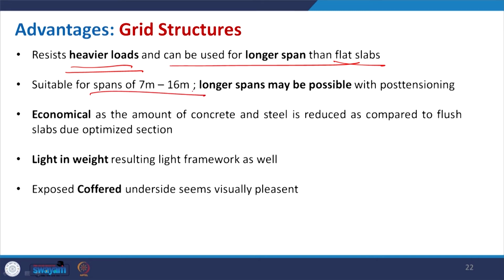Suitable span is up to 7 meters to 16 meters, but can be extended if we go for post tensioning and take good care of that. It is economical as the amount of concrete and steel is reduced compared to the solid section.